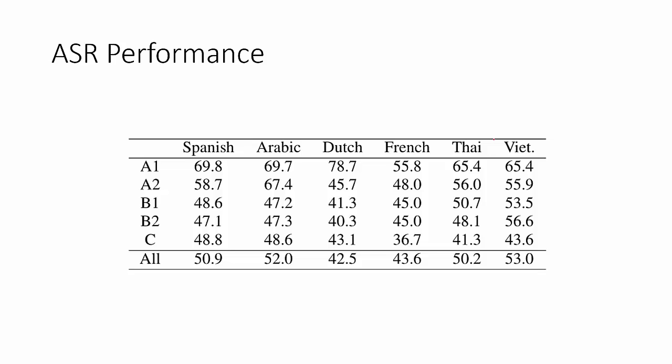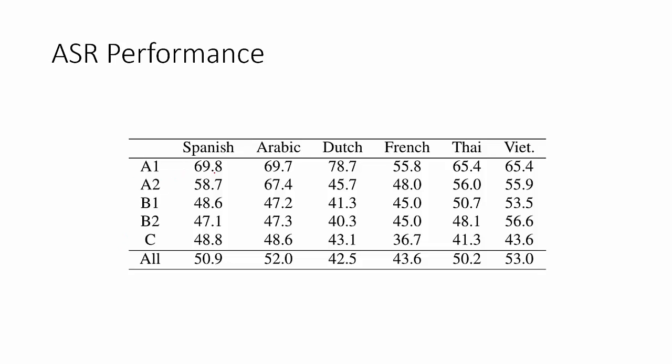Now let's look at some results. The first table here measures ASR performance, and you can see that A1 is the worst speakers, and C is near native speakers, so very proficient speakers.